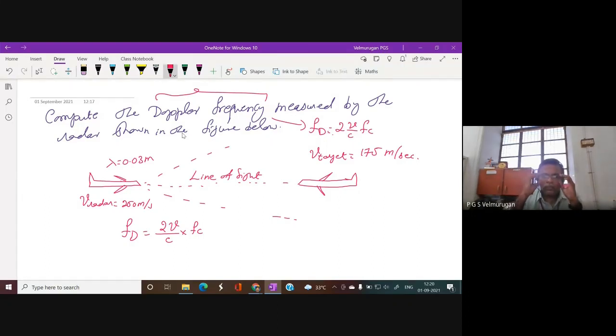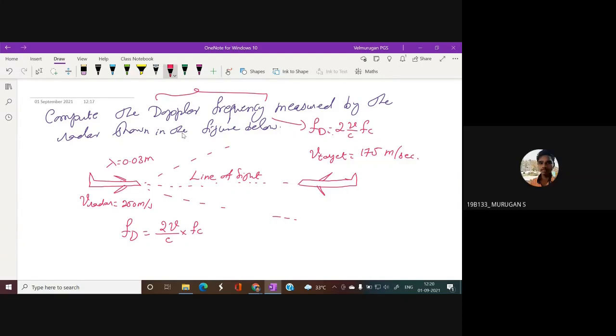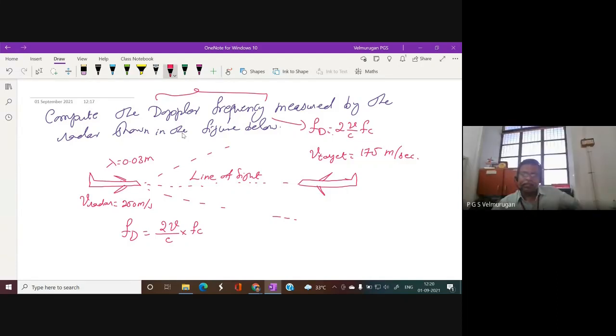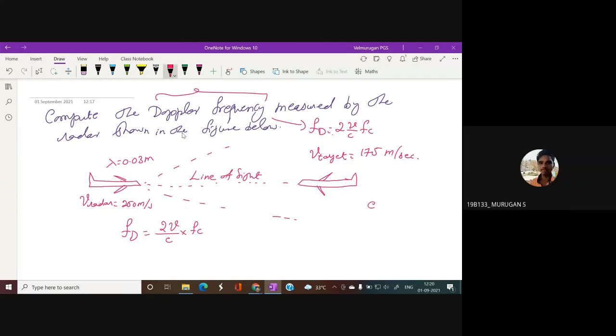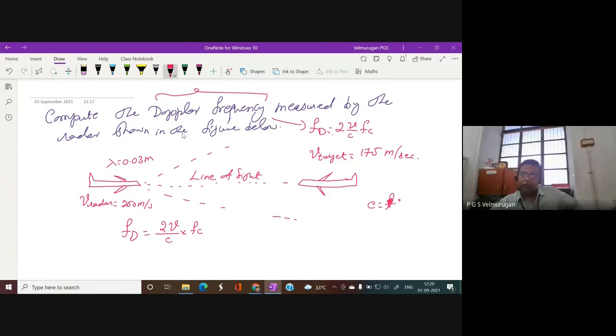No sir. Then what have they given instead? They have given lambda. Very good. So C is equal to f into lambda, so lambda is equal to C by f. So I can rewrite fC by C as 1 by lambda, making it 2V by lambda. So now we have the lambda information.